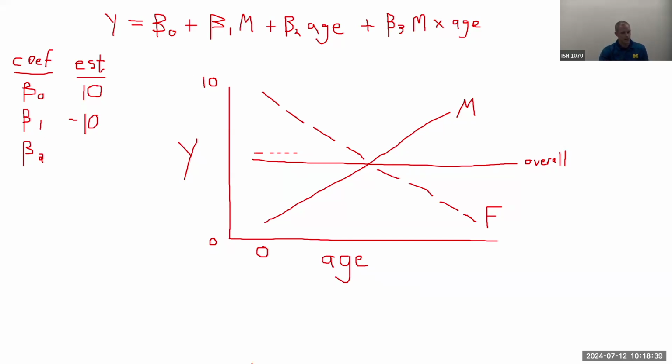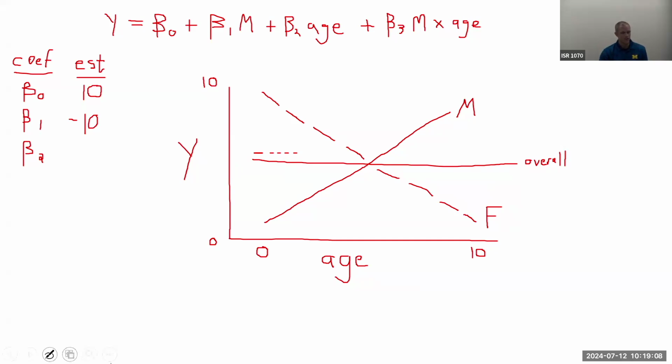Okay, so looking at this graph, just to make it simple, suppose the span of that line was between 0 and 10. What would be my estimate of beta 2? As age goes up by 1 unit, roughly speaking, what happens to the mean of Y for females?